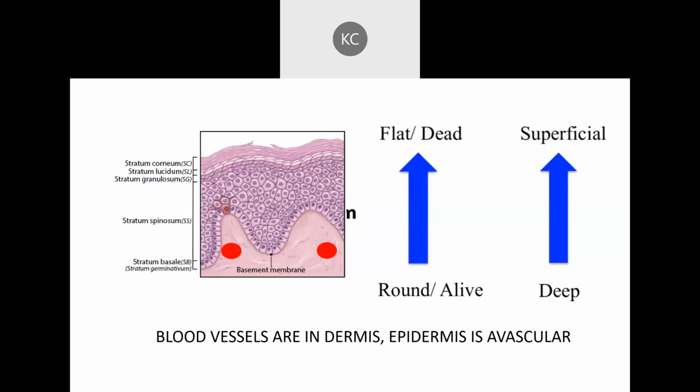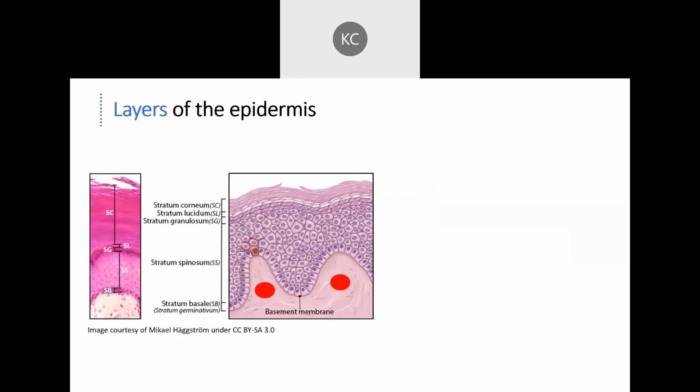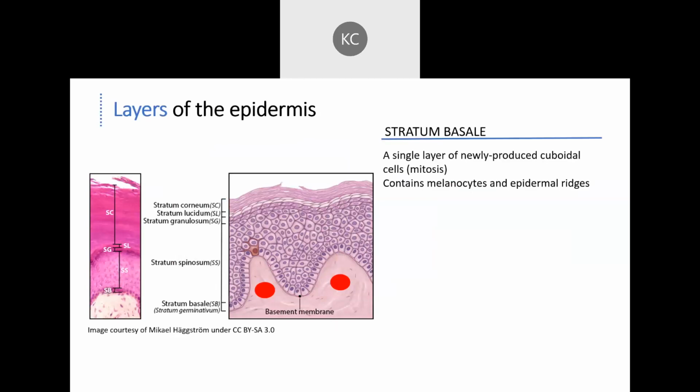And so this is one reason why, as these cells move up, they die, because there's no blood supply to keep them nourished, to keep them alive, and to keep them functioning. Okay. All right. So we are going to stop here with our first part, and we're going to pick up by talking about the various layers of the epidermis, and we're going to do it from deep to superficial.